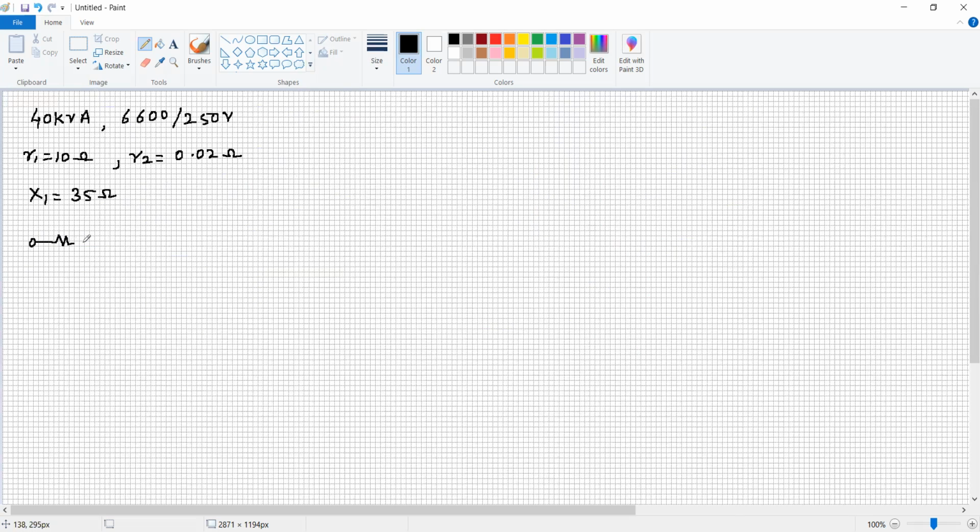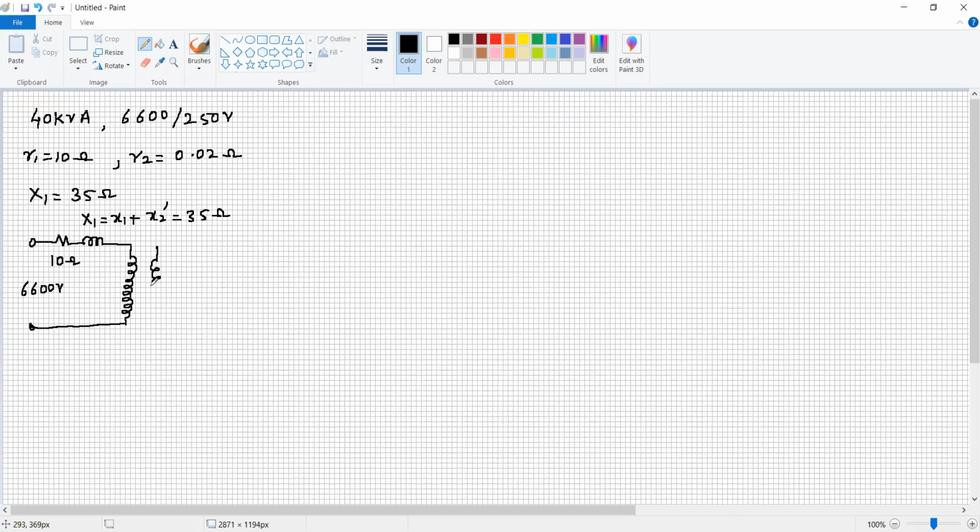The circuit is resistance, reactance, and primary winding. So large number of turns, because the primary winding is the HV winding. So it is 6600 volt. Primary resistance will definitely be more, 10 ohm. Reactance is referred to the primary side, X1 plus X2 dash, already referred, and it is equal to 35 ohms.